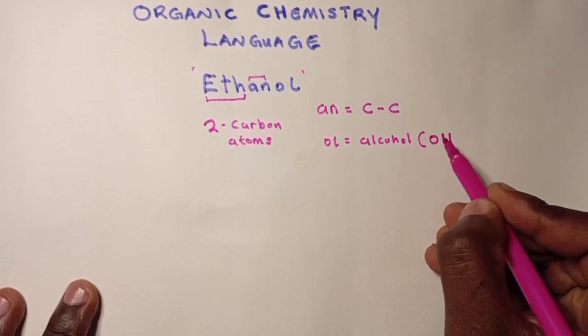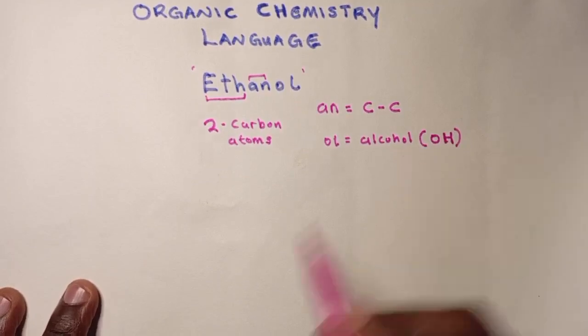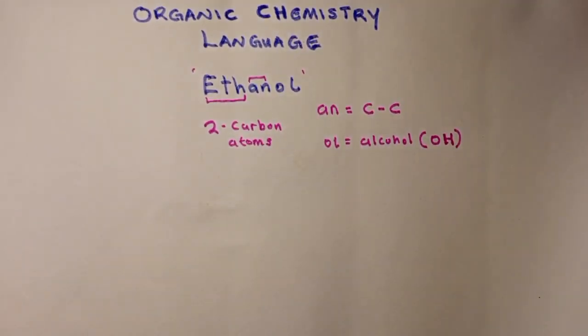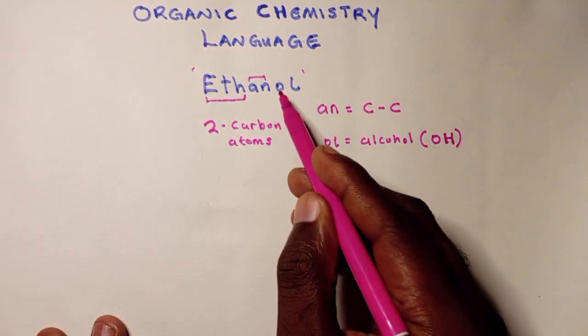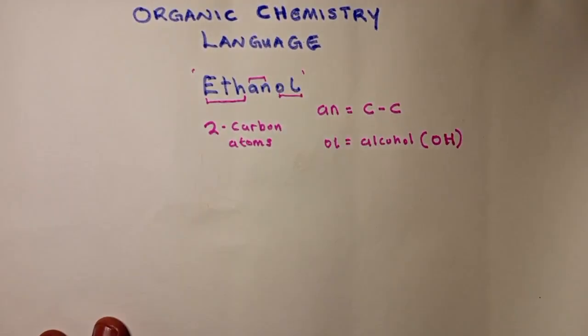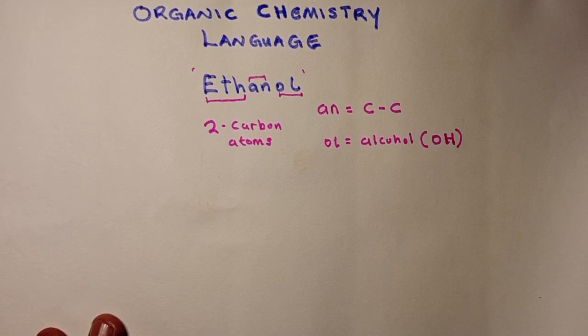So these are things that allow me to know what this compound is. Just the name itself, everything here has got a meaning. I can simply draw its structure so long as I know the meaning, and from the structure I can even write its formula.